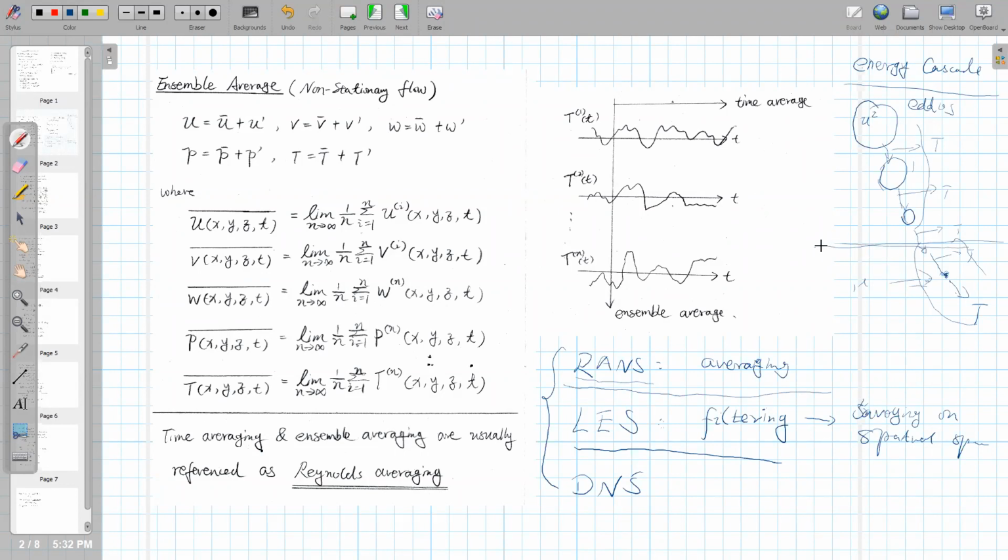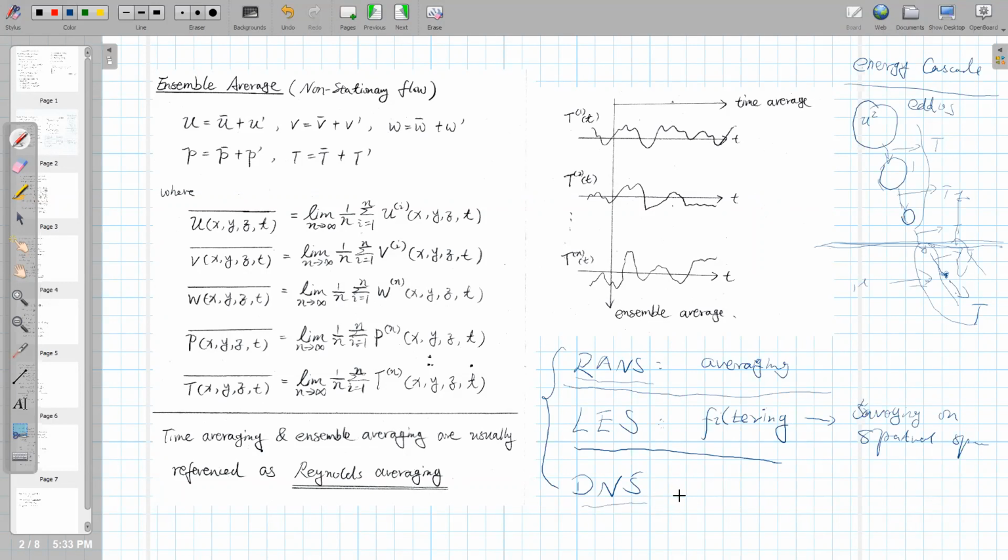Filtering means that you set a filter here. If the eddy is larger than this filter, we solve it. If the eddy is smaller than this filter, we model it. So this is what the filter means, and it's basically working in the spatial space actually.